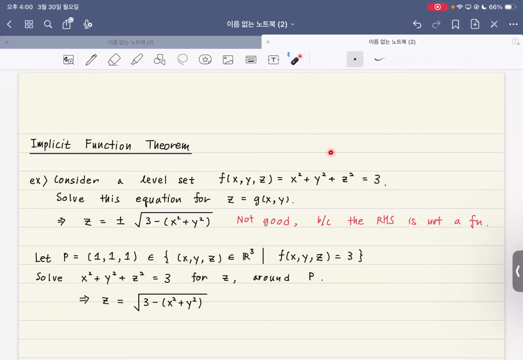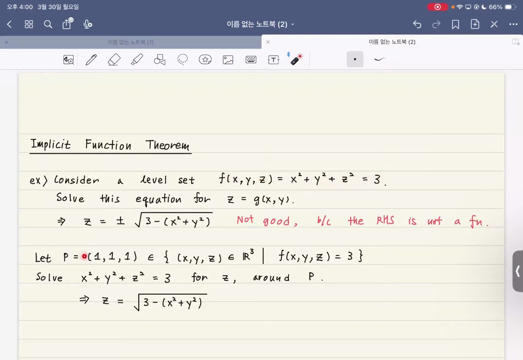The same question, but this time around, we are going to restrict ourselves a little bit. I want you to consider this point, (1, 1, 1). Well, x is 1, y is 1, z is 1. And if you plug this point into this function f, then the function value is 3, right?